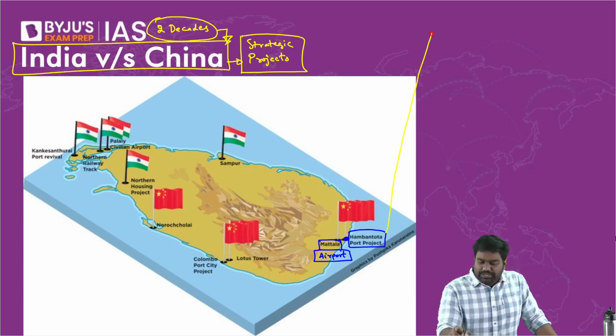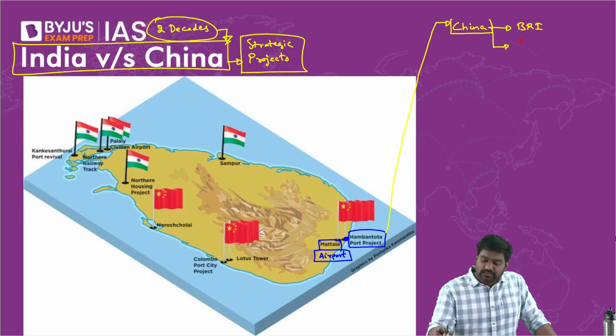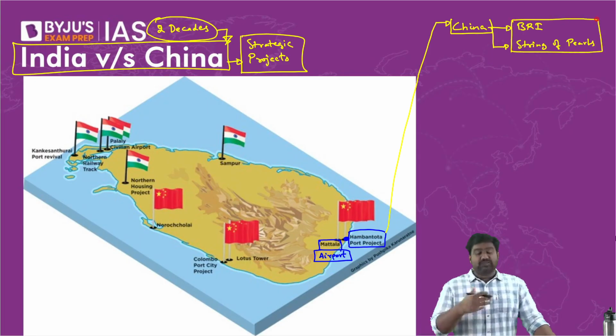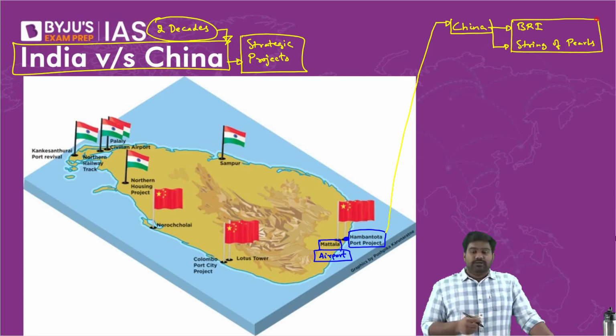These key projects have been built by China. China sees them as part of its Belt and Road Initiative. Strategic experts, Western governments and India see Hambantota as part of China's string of pearls to encircle India, to contain India. And there's a story behind these projects.